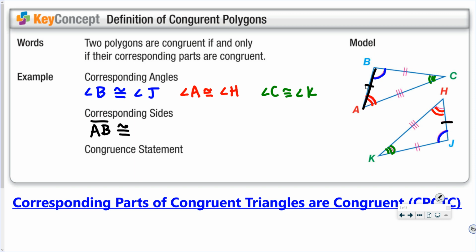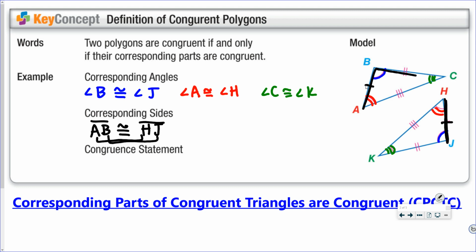If I want to say which side it's corresponding to, I went from the double angle to the single angle, so I'm going to have to keep it in that corresponding order. I'm going to have to call this side length that it's congruent to its corresponding one HJ. So you could have flip-flopped. You could have called it BA, but then you'd have to do it in the corresponding order JH. All right, so keep these consistent. Those correspond to each other.